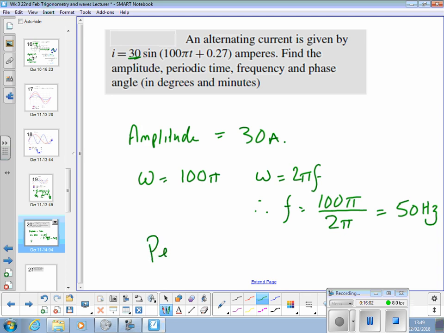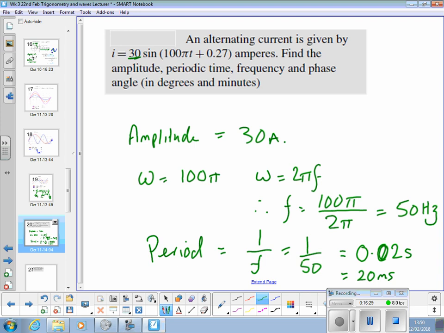Period. It's going to go 50 times in 1 second, so it's going to take 1 over 50 seconds.